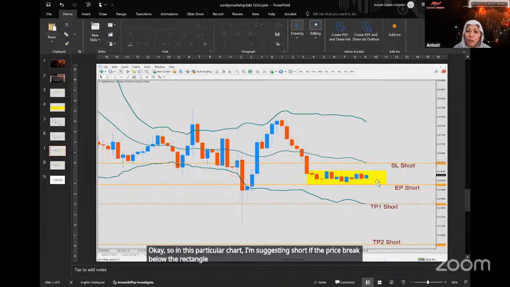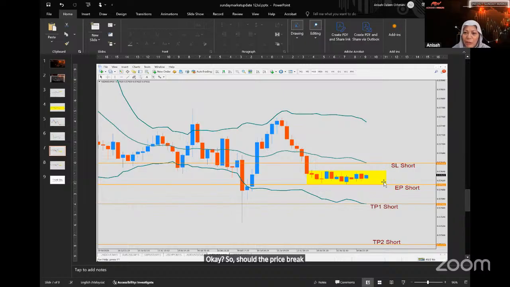Should the price break below the rectangle, your EP is 0.57611. Your first TP is the lower band line, which is 0.57569, and your TP2 is the intermediate support, which is 0.57479.